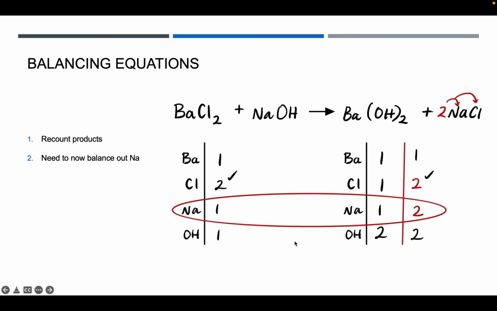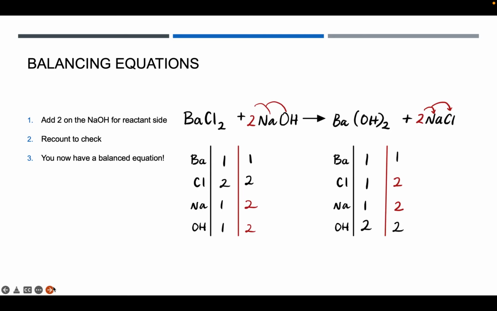And now what's going to happen is that you're going to have this balance of the chlorine on both sides. However, now you have an unbalanced sodium. Now you have 2 on the products, whereas you had 1 on the reactant side. So now we need to balance out sodium. So since I had 2 of the sodium over here, let's go ahead and fix the reactant side.